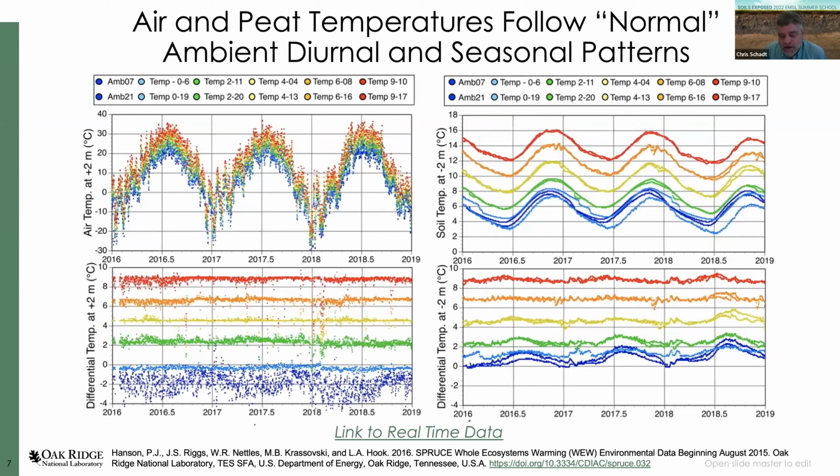So this is what the warming looks like in the systems. These graphs show the air temperature on the left side and the soil temperatures on the right side. The top plots show the first 3 years of operational data, so you can see the interannual pattern in temperature that's maintained through those 3 years, and the differential among the different treatment combinations.